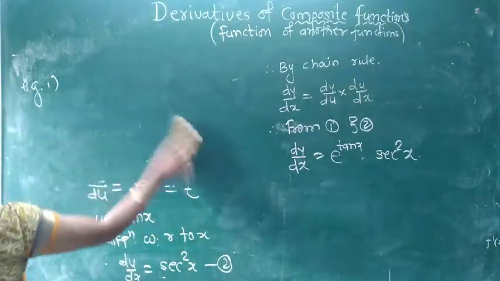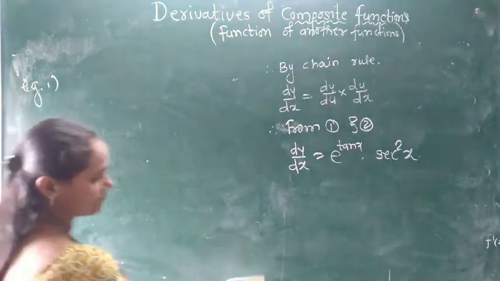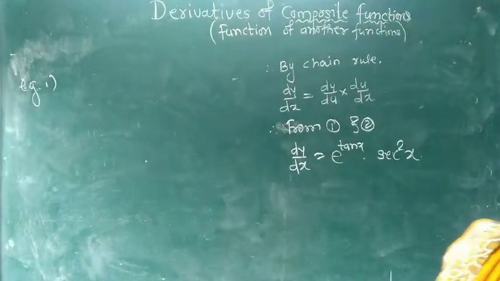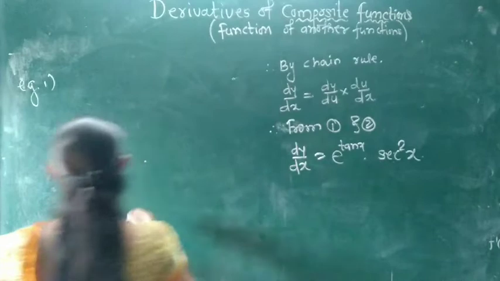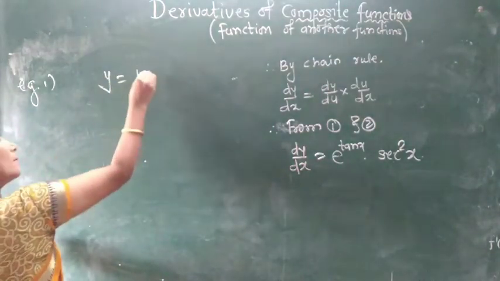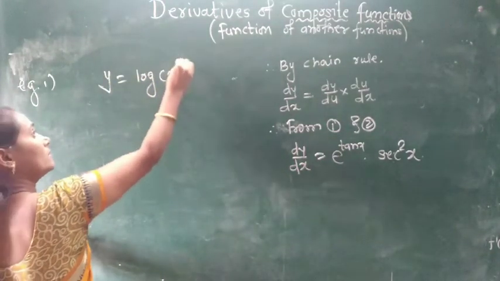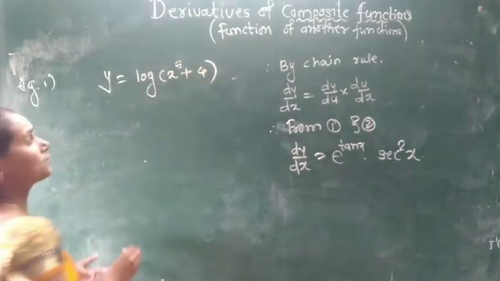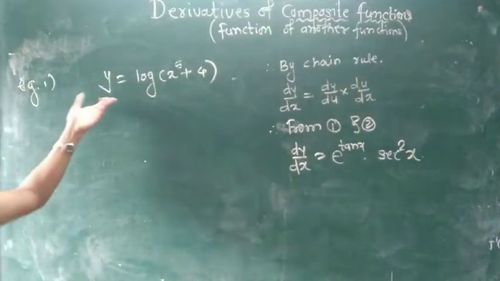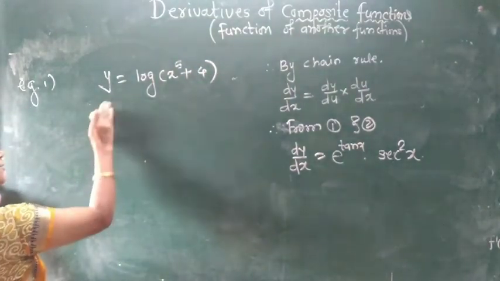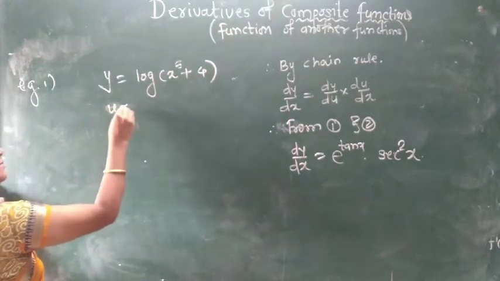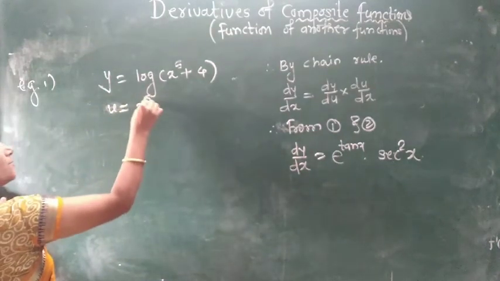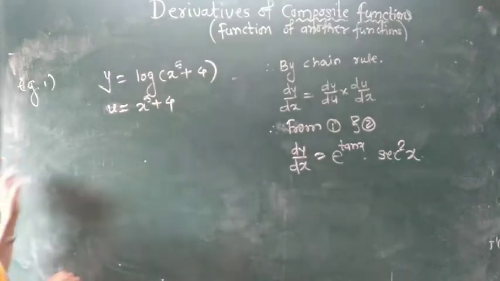Now the next one: y is equal to log of x raised to 5 plus 4. Again consider u equal to which term? x raised to 5 plus 4.